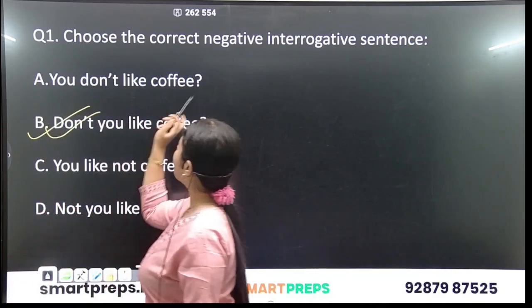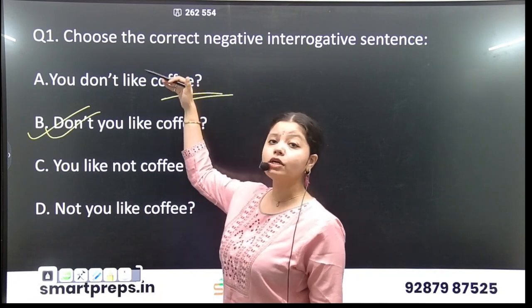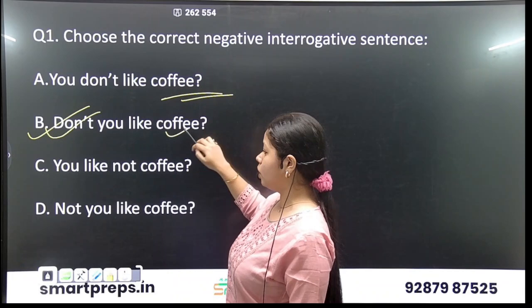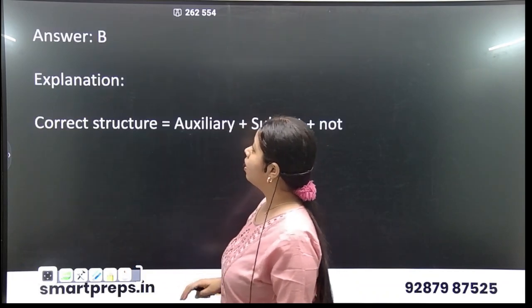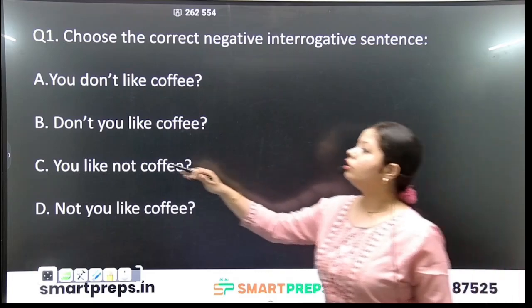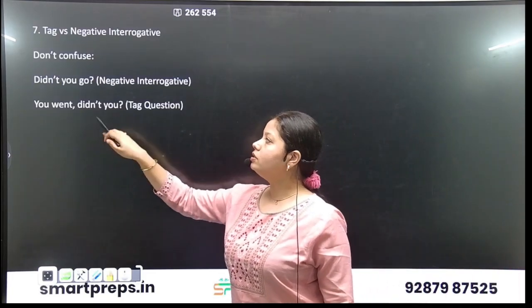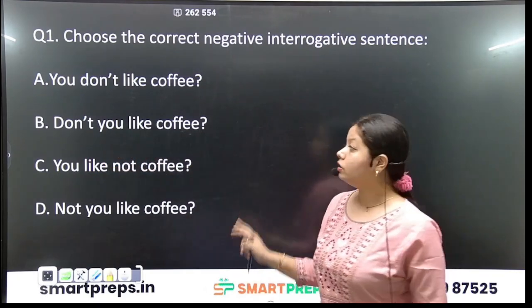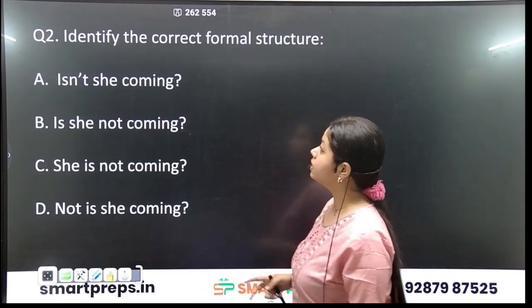"You don't like coffee?" is also a very confusing option, so do not get confused. The correct structure is auxiliary plus subject plus not. Auxiliary don't, plus you as subject, along with the not. So "Don't you like coffee?" is the answer.